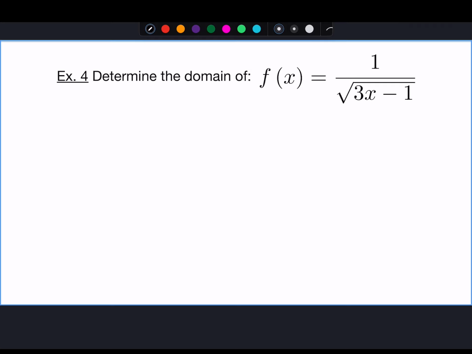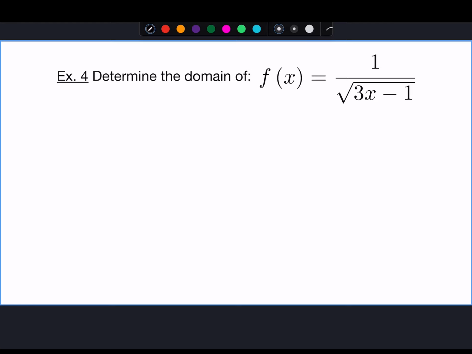So what are the two problems we can have in a domain? Say it loud. Fractions and square roots. What do we have here? We have both. This is the first time we've seen one where we have a fraction and a square root. So what do we do? When we have a fraction and a square root, we know that the denominator can't be equal to 0, right?